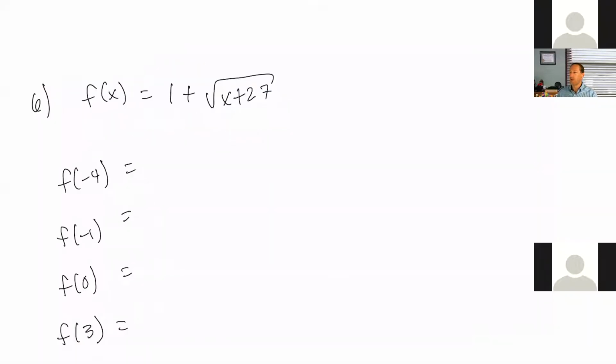So there is our problem that you had some issues with. And remember, the reality of it is we should be having blanks here and here. It's f of something we know is equivalent to 1 plus the square root of that thing added to 27.